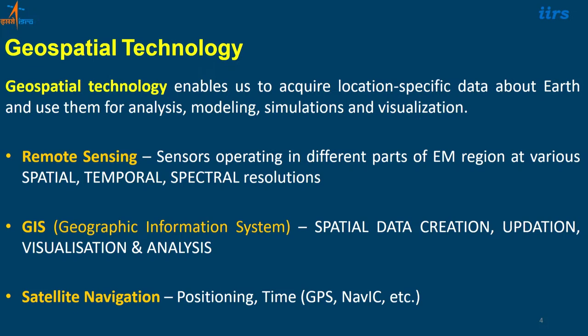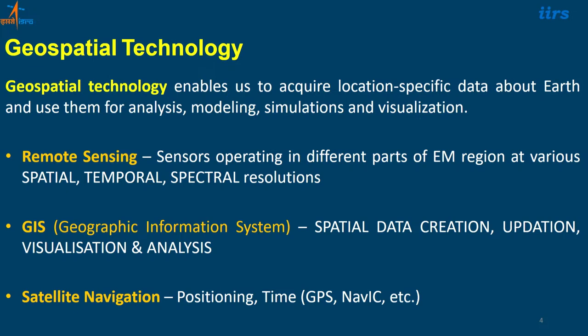The third component is satellite navigation. It gives us the information of position and timing. It can be GPS, or it can be the NavIC based system, which is an indigenous Indian regional navigation system, navigation through Indian constellation.